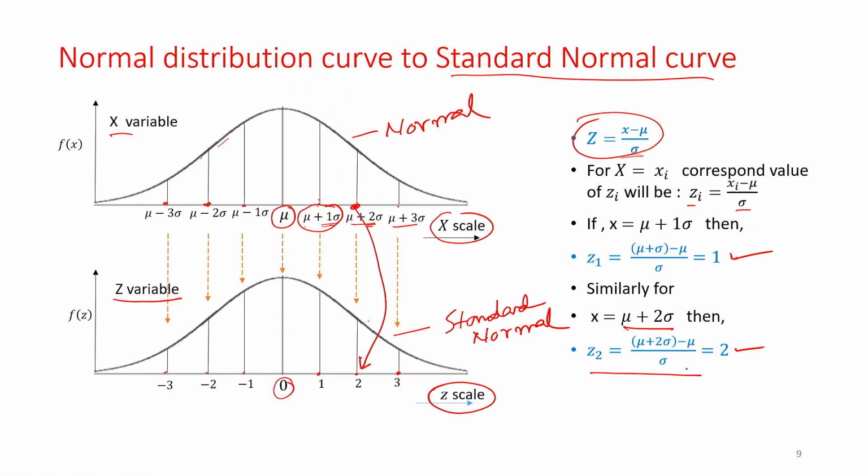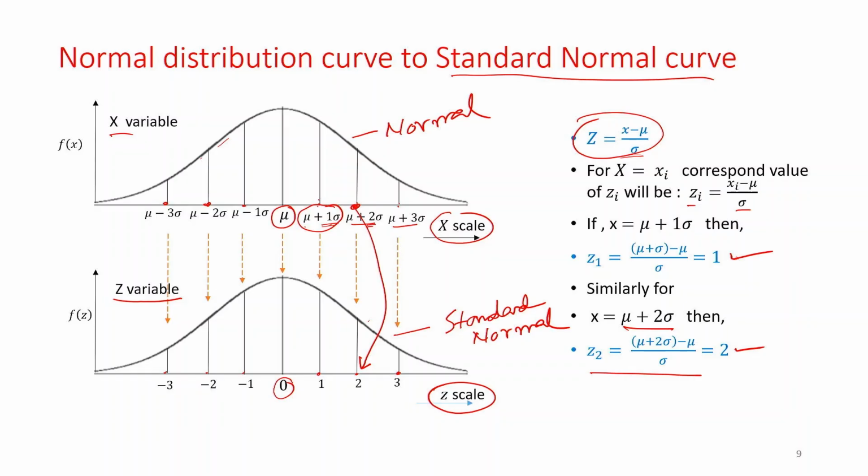This is how the corresponding z values can be found, and the original curve with a certain value of mu and a certain value of sigma can be transformed into a standard normal distribution curve, where the variable is z with standard deviation equal to 1 and mean equal to 0.